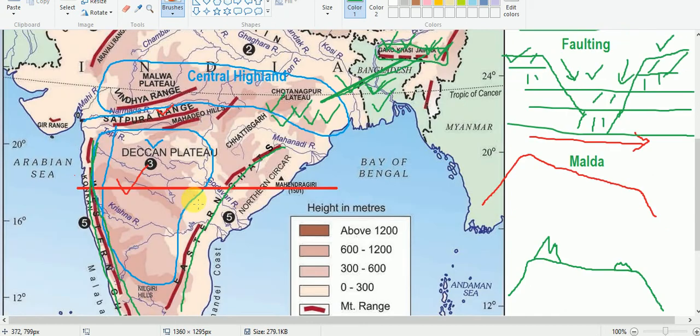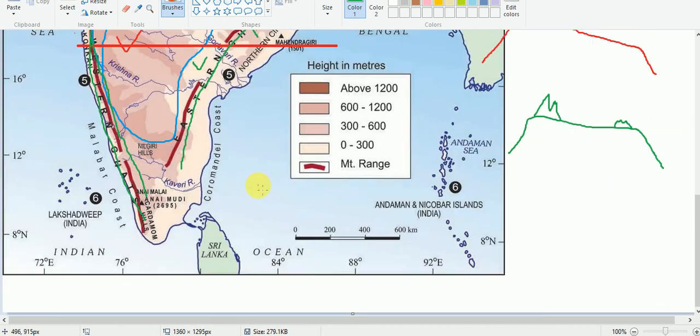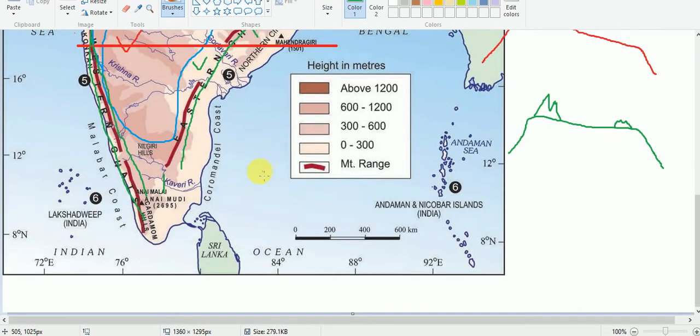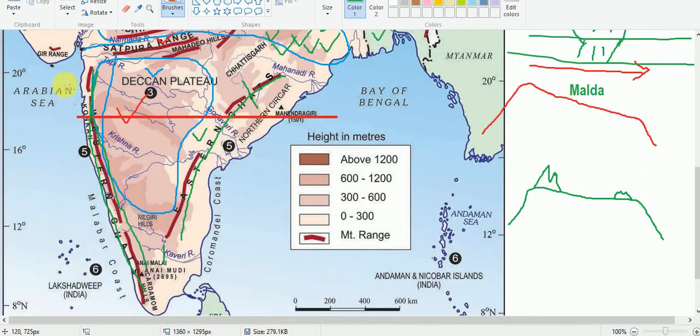There are no hill ranges here, and here also it is broken. In the Western Ghat there are also gaps, but they are lesser in number.